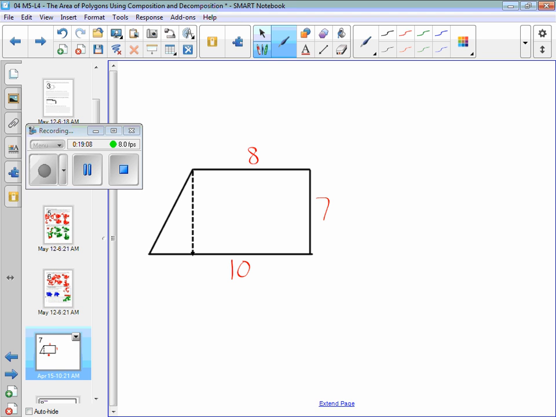What are my sides of my rectangle? Everybody see why it's 8 and 7? Does everybody see why it's not 7 and 10? We don't care about the whole length. When we close this off and add that dotted line, we have a base of 8 and a height of 7.